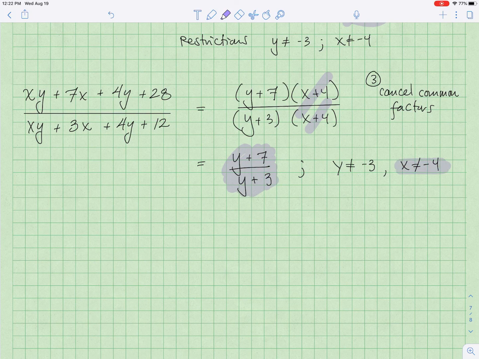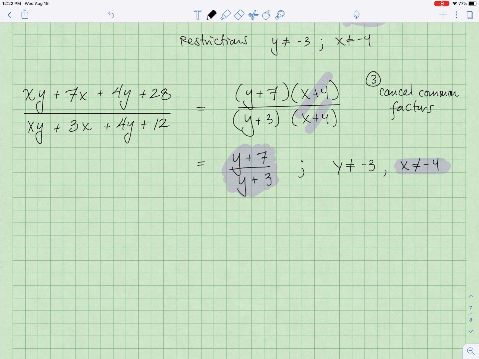I have a restriction. So what does that mean? Well, it means that this form over here cannot be equal to this form here unless we have both of these restrictions. Otherwise, this right side will be just fine with x equaling negative 4. But if x equals negative 4, this left side will have a denominator that's 0, and then they won't be equal to one another. Right?